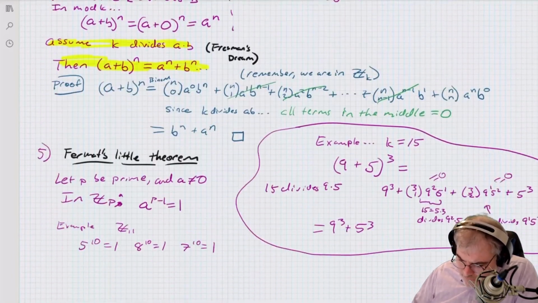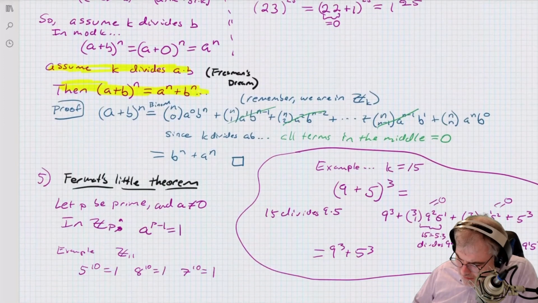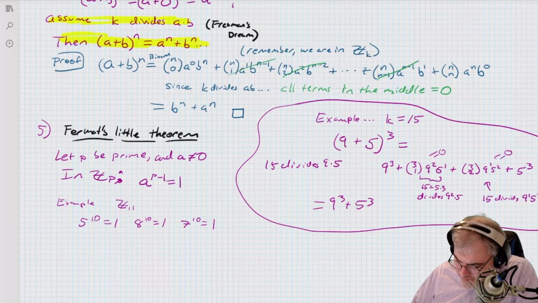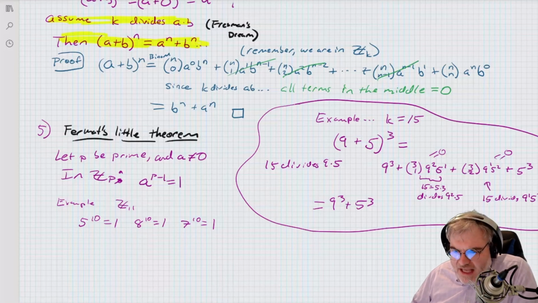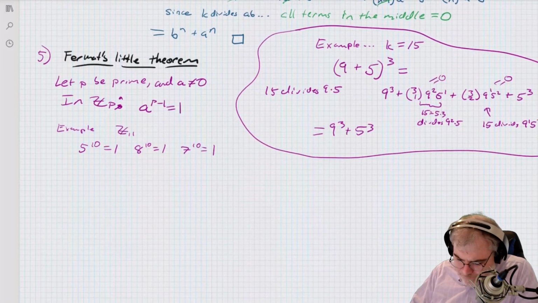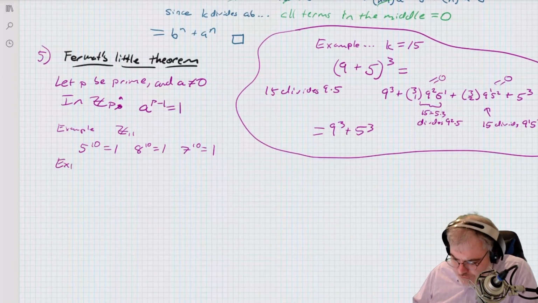Because remember that if I can get this to be something like 1, I'm done. Or if I could break up things, I could divide things. I'm focusing on Z11 because it's kind of one of the first ones that actually has some structure to it.